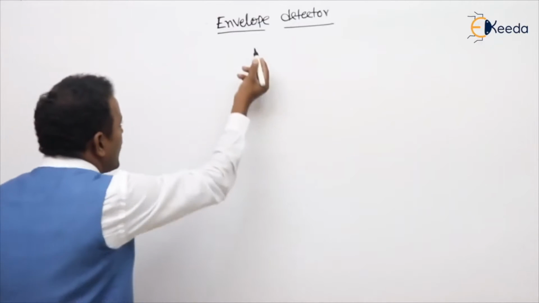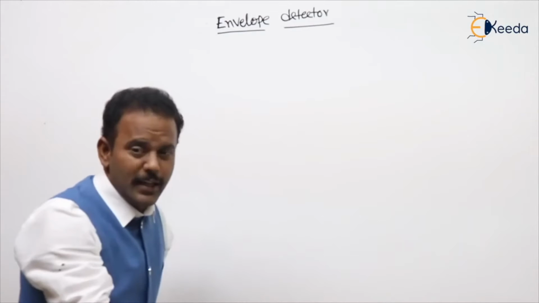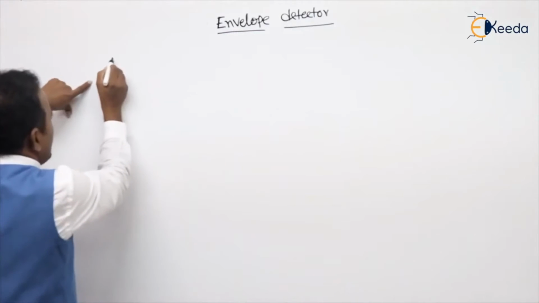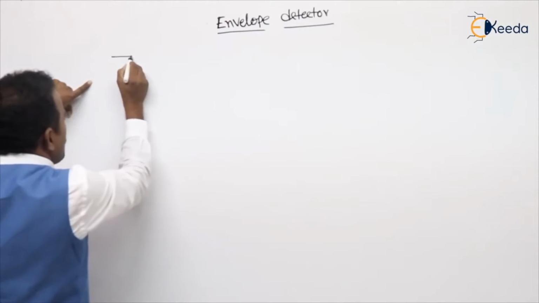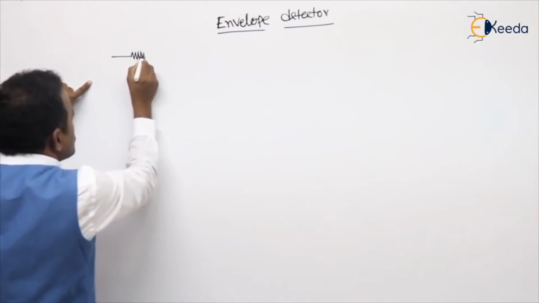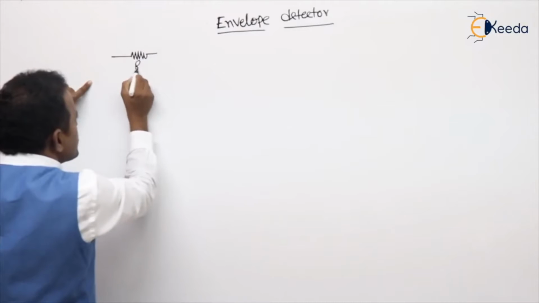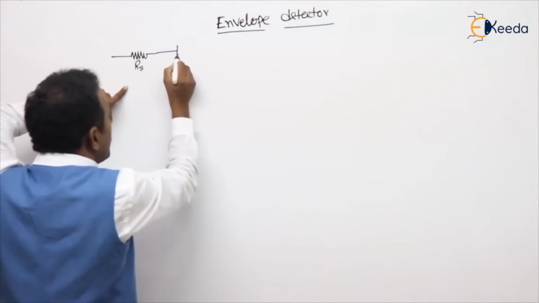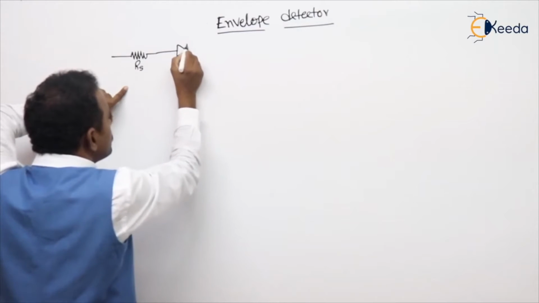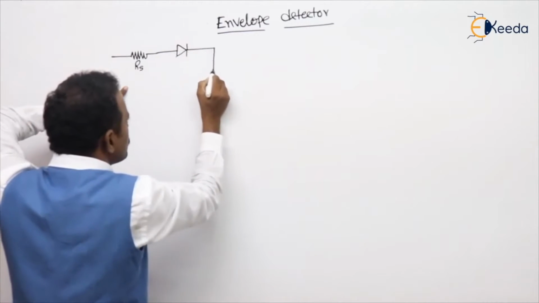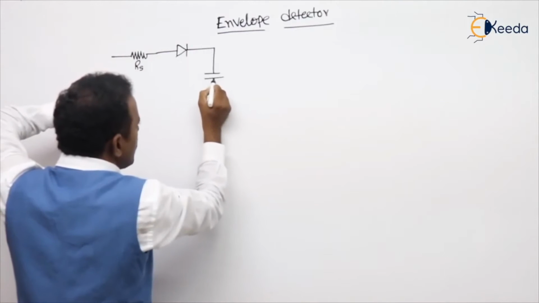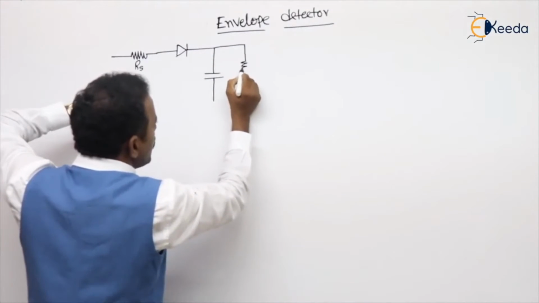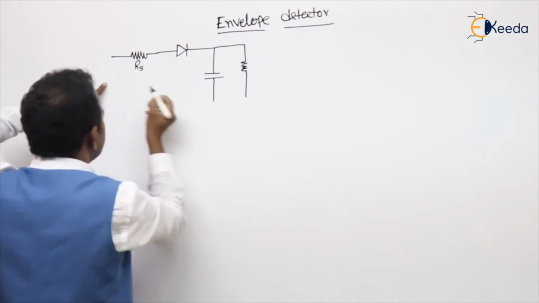If I write the block diagram of an envelope detector, there is nothing there, just a simple rectangular box. If I write the circuit diagram of an envelope detector, it will be like this. We have a source resistance RS followed by a diode, a capacitor having the load resistance RL.